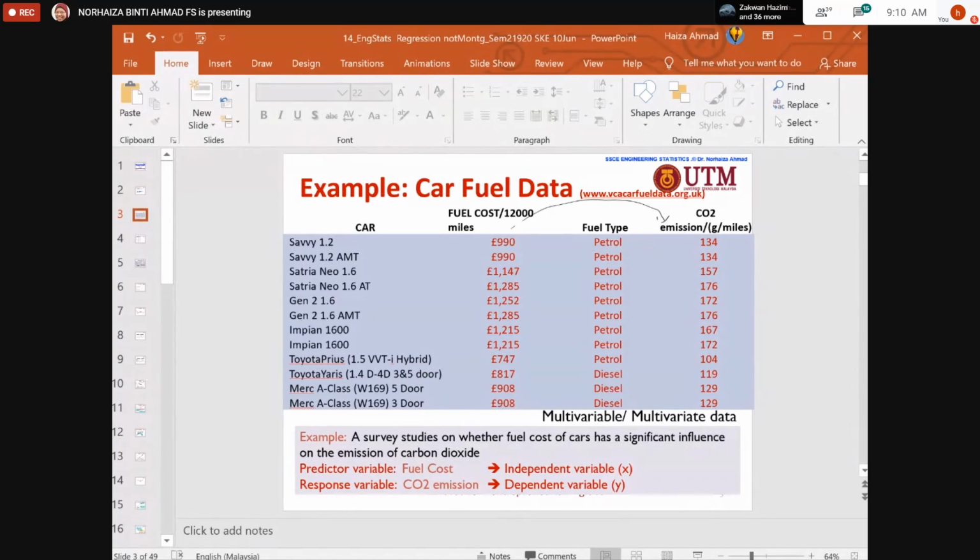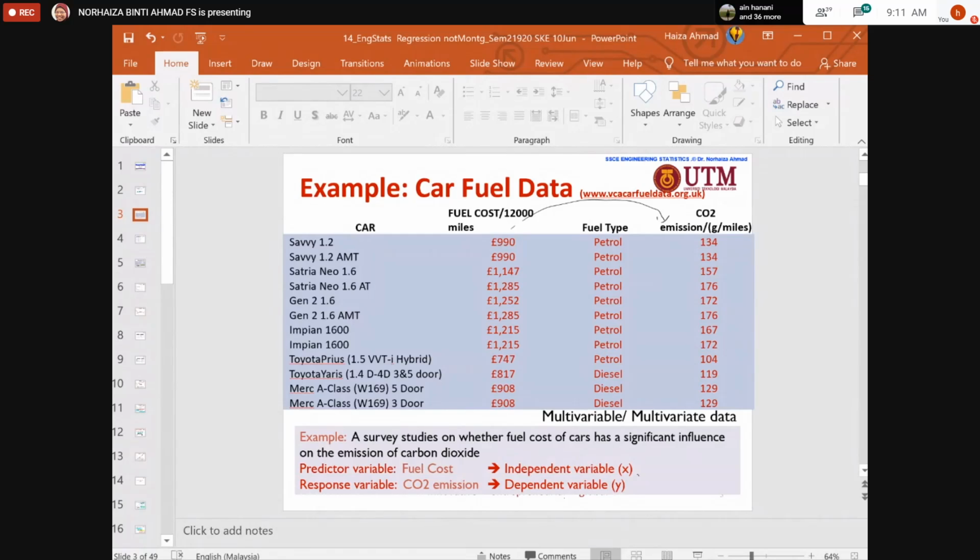Therefore, we can name fuel cost as an independent variable and CO2 as a dependent variable. It depends on the objective of your investigation; then you will be able to identify which one is the independent variable and the dependent variable.